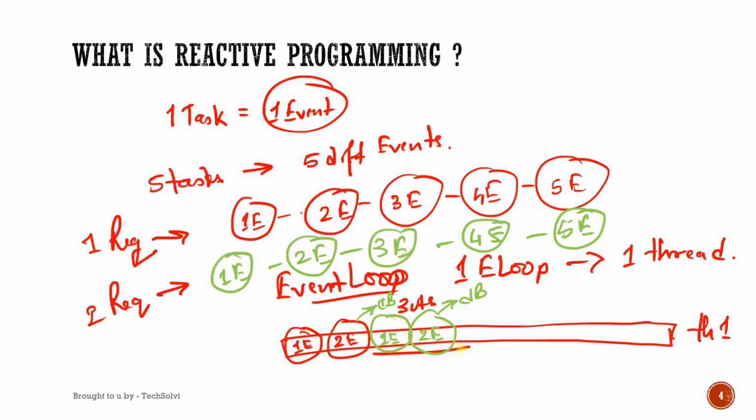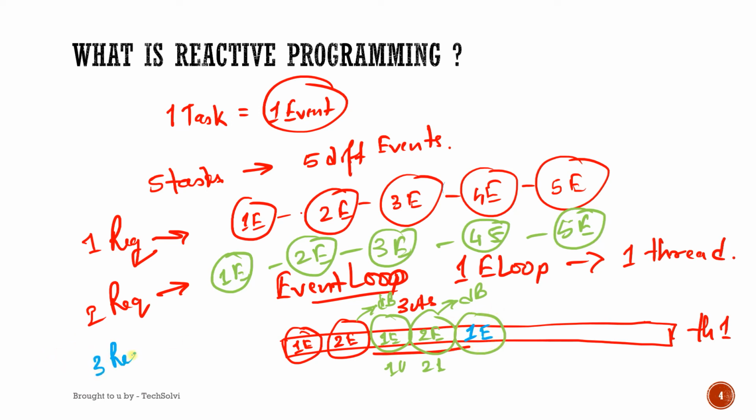By this time we still didn't get the response from the first request because it requires 3 units of time. We have consumed 2 units over here, the first 1 unit, 2 units. So here we can accommodate one more task. Maybe for the third request also we have events to process. So we will process the first event of the third request.